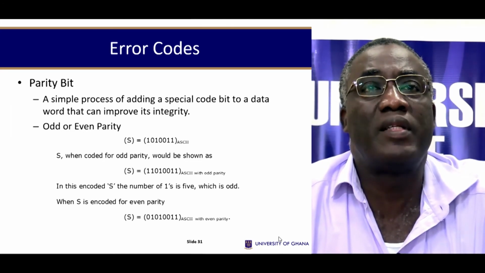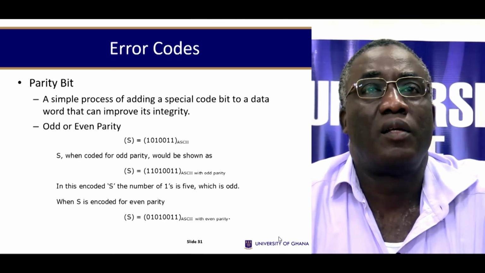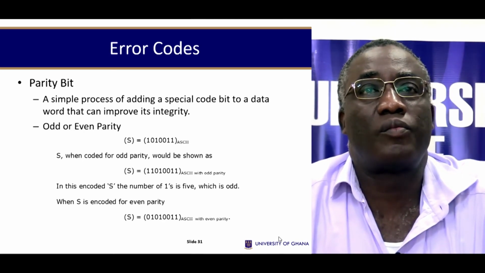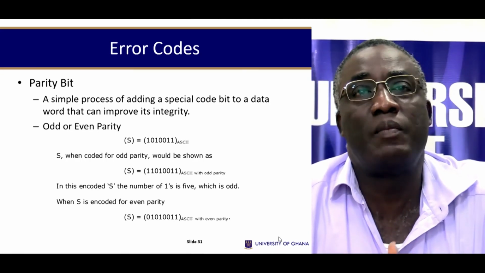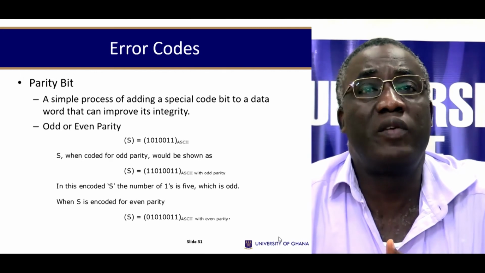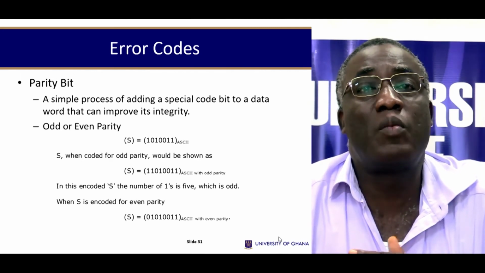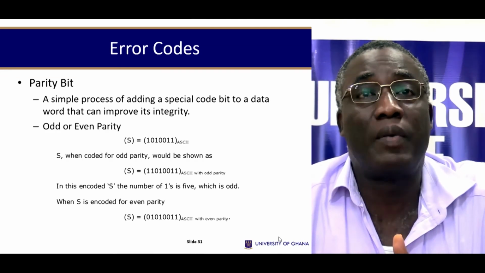We want odd parity, so there must be an extra one added. So there are 5 ones now in the message we are transmitting. That's 1, 2, 3, 4, 5. That's for odd parity. For even parity, the number of ones in the message you are transmitting will be an even number.